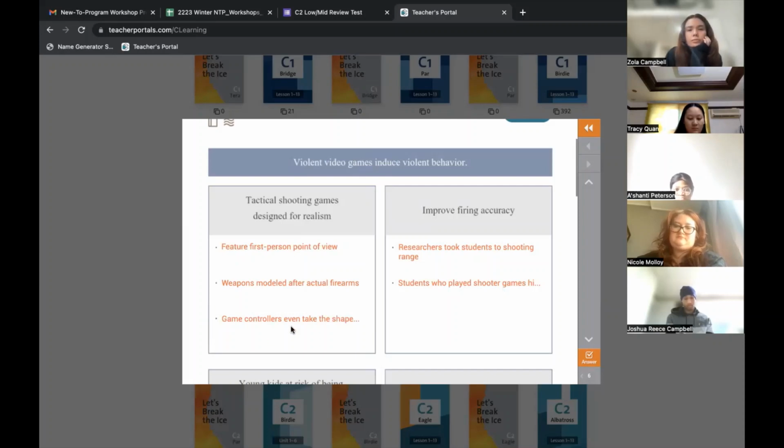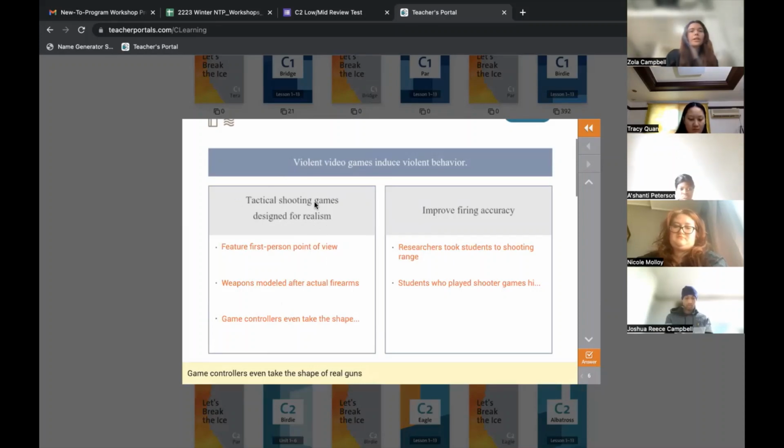So let's say tactical shooting games are designed for realism, and they chose the answer, weapons modeled after actual firearms. So you can ask them, why would that cause violent behavior, right? So if we have weapons modeled after actual firearms, why would that cause violent behavior? So you want to build discussion off all of their answers, okay?